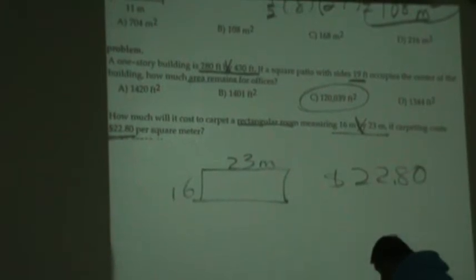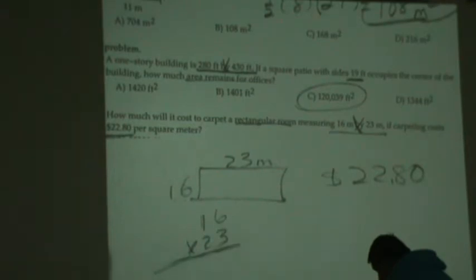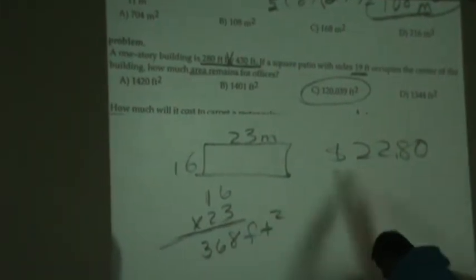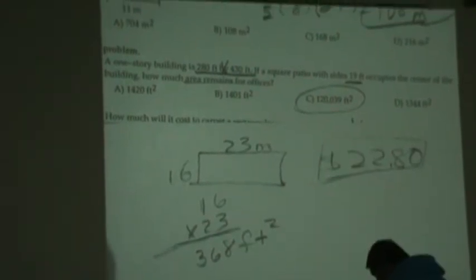Okay, how much will it cost to carpet a rectangular room measuring 16 by 23? If the carpeting costs $22.80 per square foot. So find your square footage. 16 times 23 is 368 square feet, and it costs this much for every square foot.